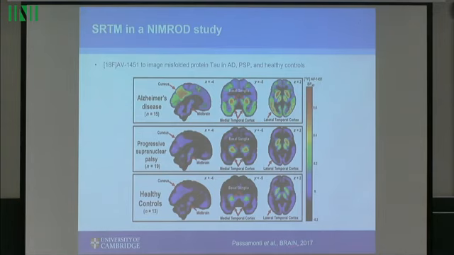This compound tends to non-specifically bind to a region, so we are still trying to find out what it is non-specifically binding to, but with reference to the specific binding, you can see there's quite a difference between AD patients and controls. What is estimated here using the SRTM model is the binding potential BPND.